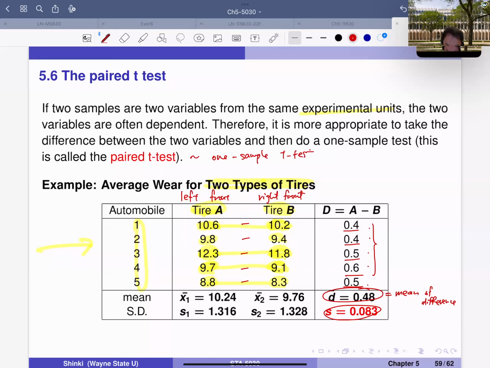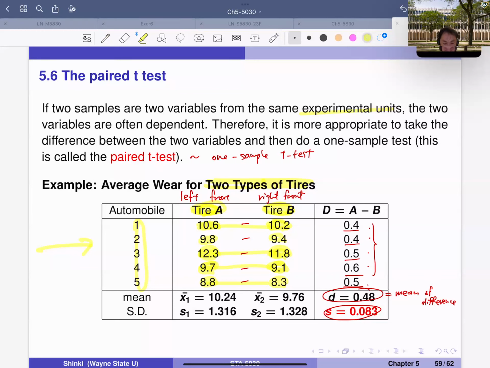So even though the original observations are for two groups, the tire A and tire B, it is more appropriate to take the difference then do one sample t-test. So that is the paired t-test. So the important thing is the variable A and variable B, two variables are on the same sample unit.